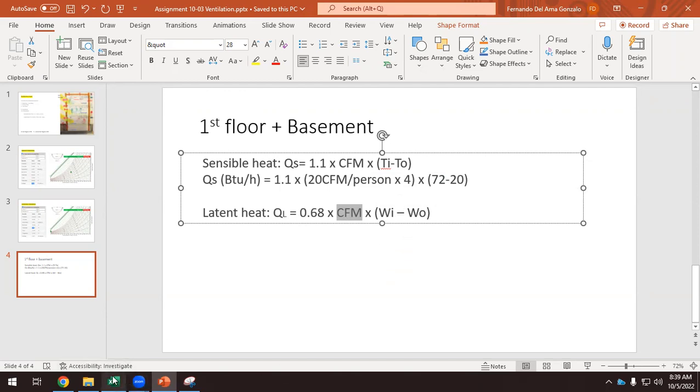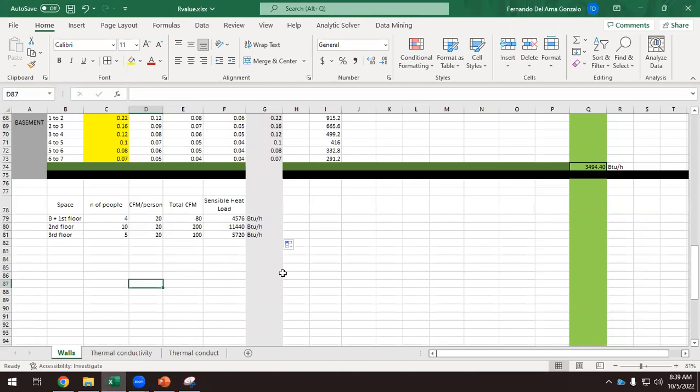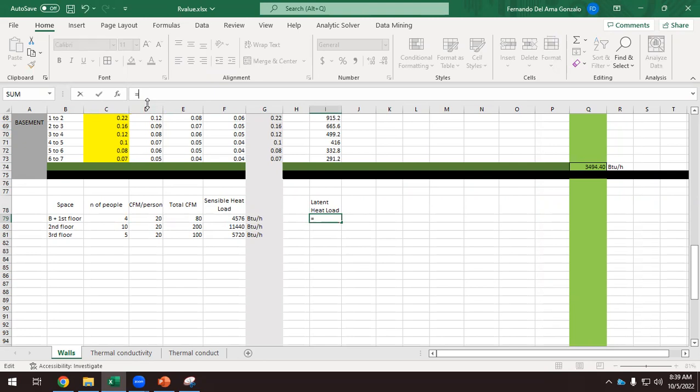And okay, so I can come here and I can calculate here the latent heat load. So what's the formula for that? We have the same space and the same people, so we have the same CFM. So for latent heat load here, I need another formula.